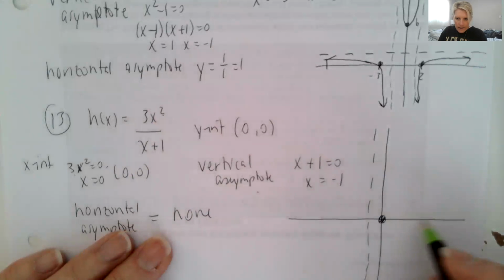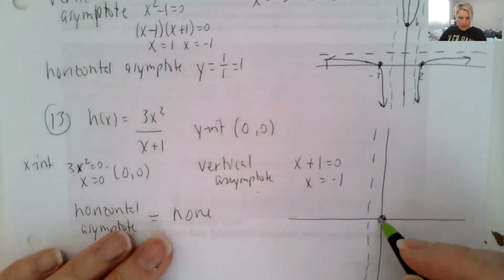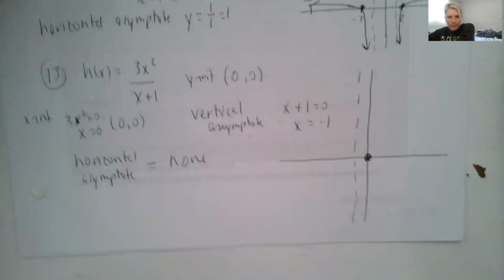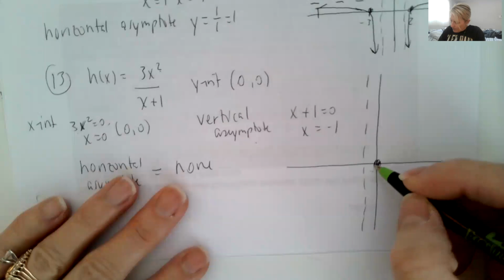So as it goes out here, it's going to get bigger. So the smaller numbers we put in here, so let's say we put in 1/2, smaller, smaller. Let's say we put in a -1. It's undefined. We already knew that because that's where our vertical asymptote is. So I think it's going to go like this.